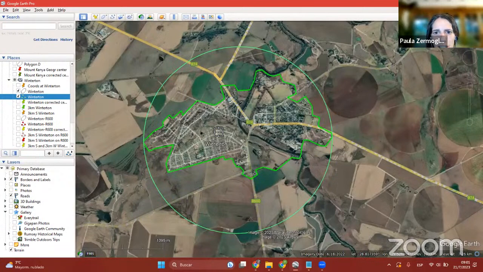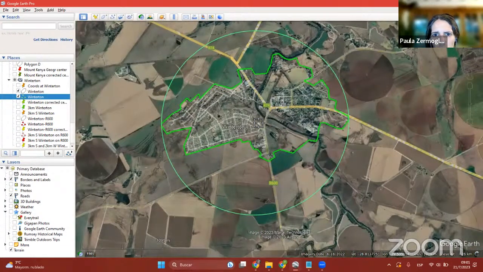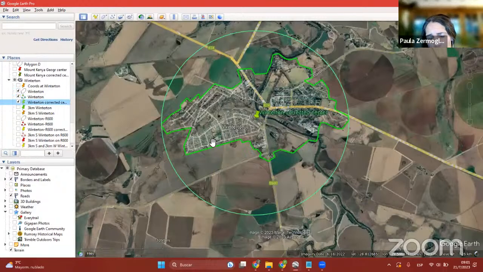Then I can center my circle and find the center of that minimum circle, which in this case, because it already falls within the town, is going to be directly my corrected center. So I have my corrected center, and I wrote down which was the radial of this circle. So now we have all the information that we need for the calculation.